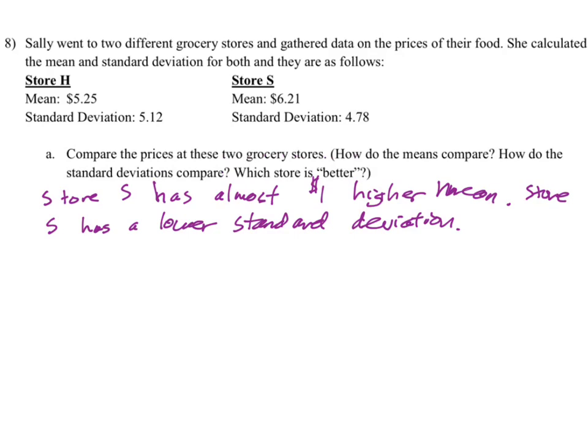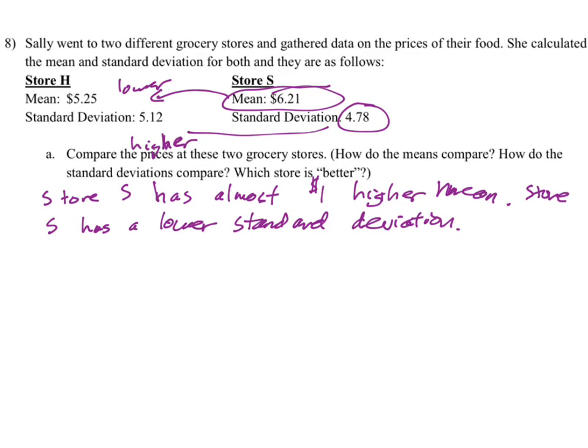Let me share some of my thoughts as I look at these two averages and standard deviations and tell you what I notice. This average being 6.21 and standard deviation 4.78, in comparison to these ones, this is lower, but this is higher. If the average in a grocery store is lower, that means the prices are lower on average as you go through your products.